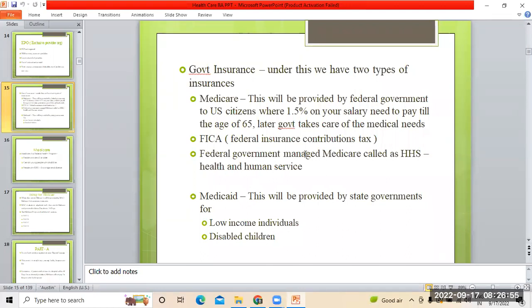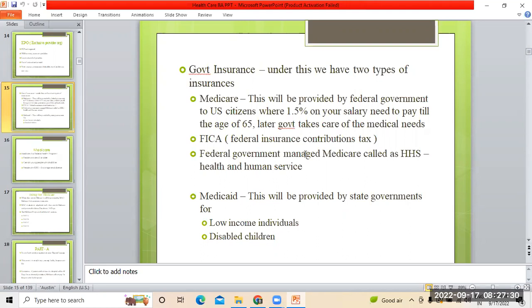And once the stipulated age is crossed, the services will be taken care of by the federal government itself. All this is managed by a ministry called HHS, Health and Human Services. It's the ministry that takes care of all the health related matters.